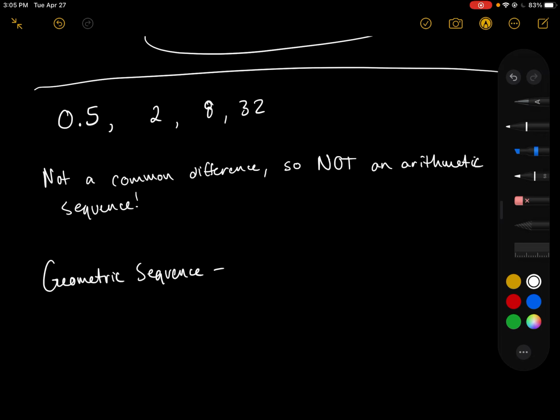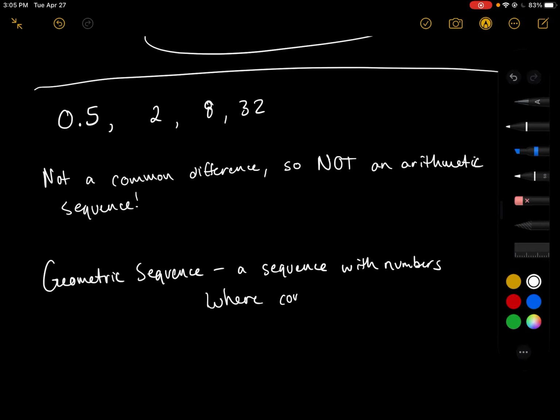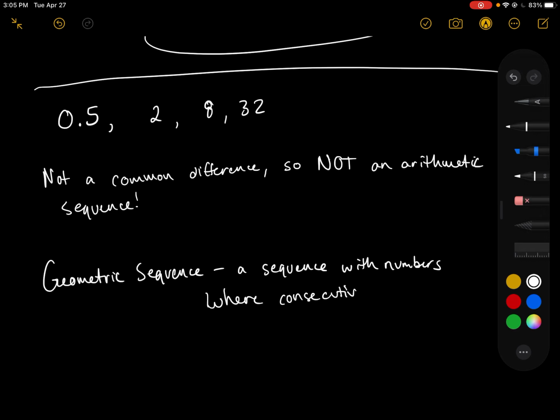So what can we do with this? Well, we do have a second type of sequence. It's called a geometric sequence. And this is a sequence with numbers where consecutive terms have a common ratio.